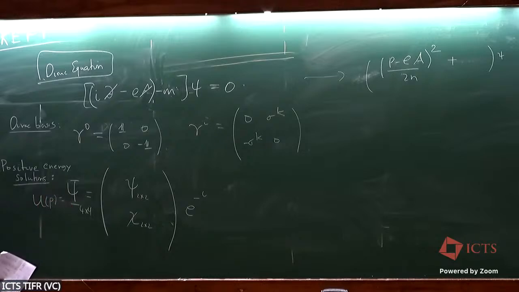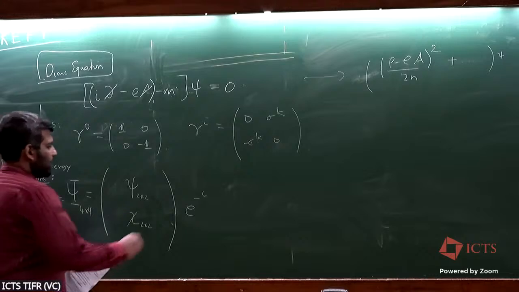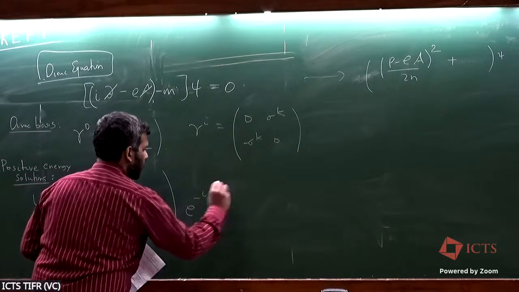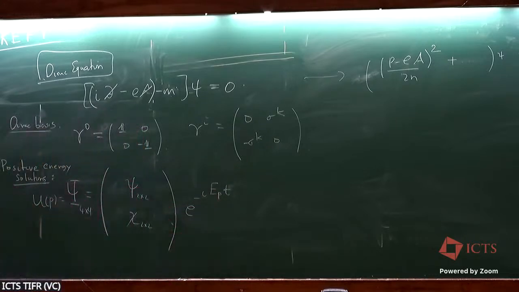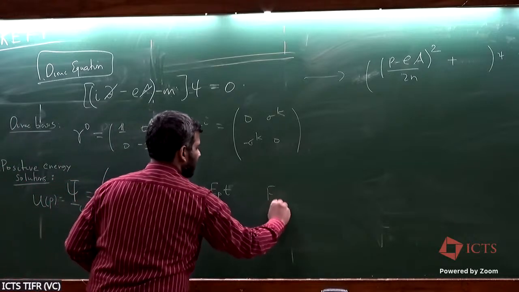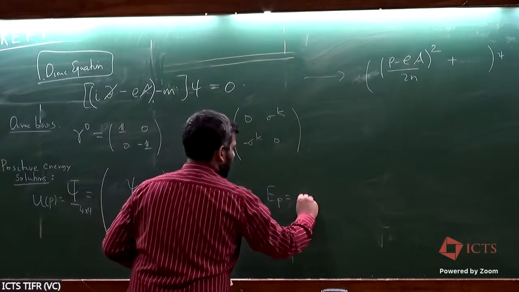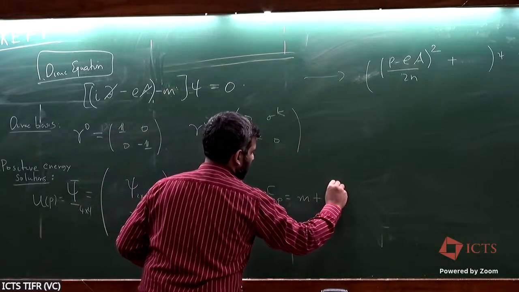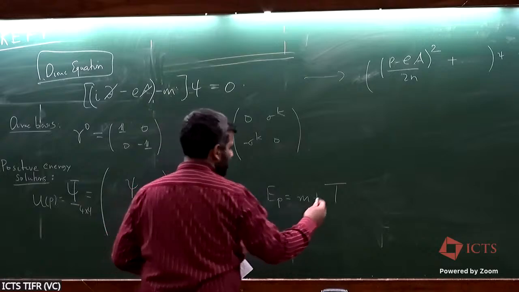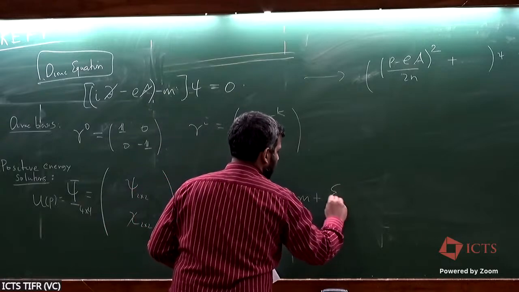So the positive energy solution, I look at the positive, but you can do it also for the negative energy solutions. And again, I expand my E_p to something like m plus the non-relativistic energy, epsilon NR.